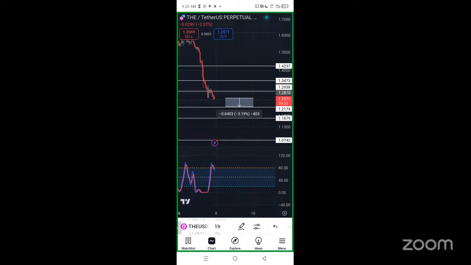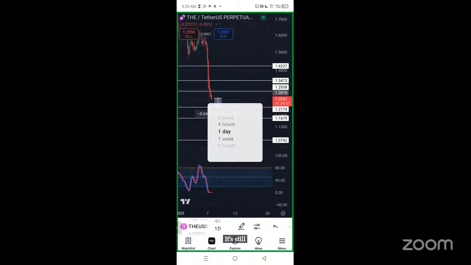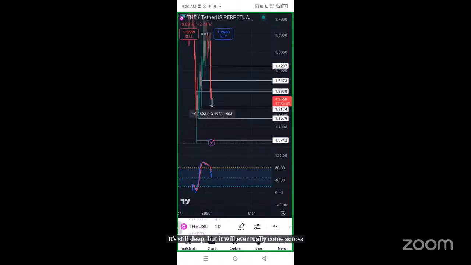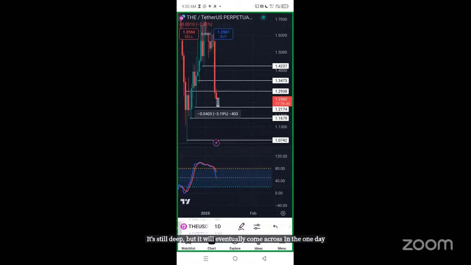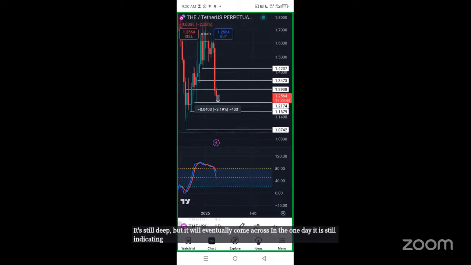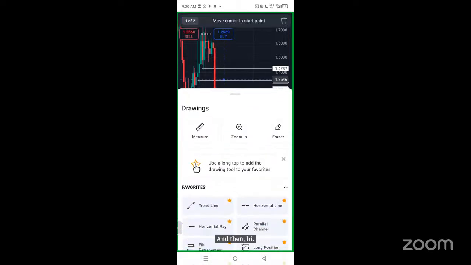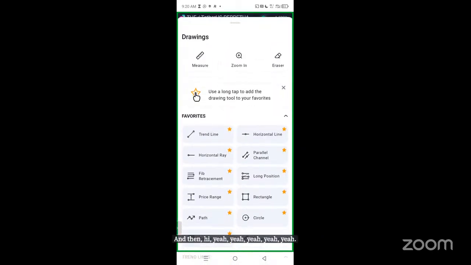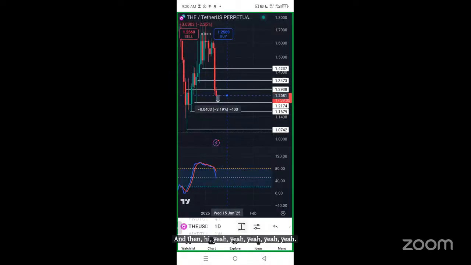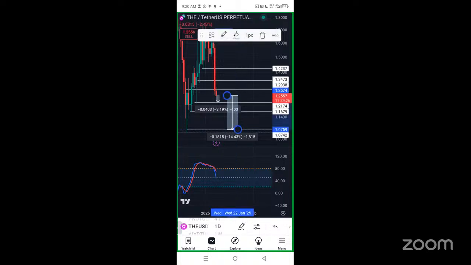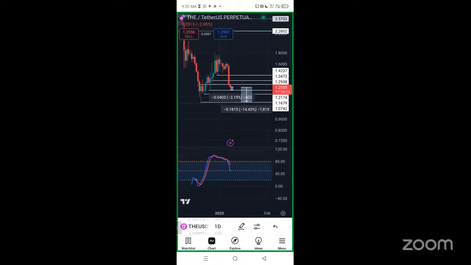This coin may still dip. It may still dip, but it will eventually come up because in the one day it is still indicating serious movement, serious downward movement. And then these new coins here, it's serious.